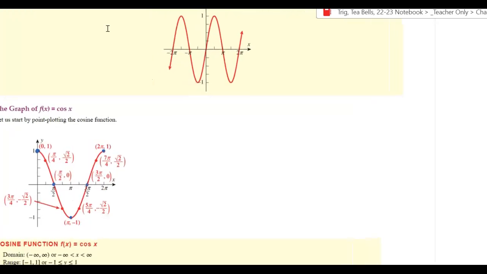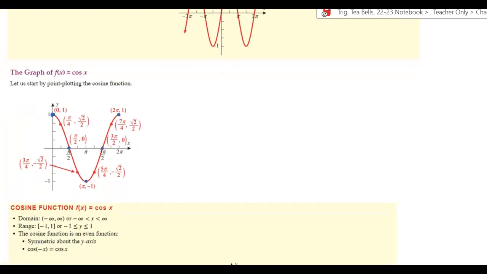The cosine is still going to go in a cycle, but notice the starting value changes because we're calculating a totally different function. We're calculating all the x coordinates on your unit circle versus all your y coordinates when we talked about sine.